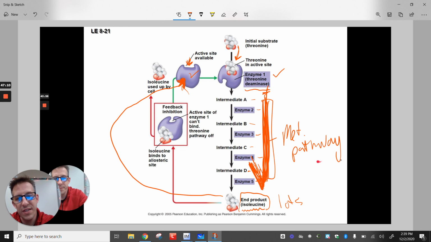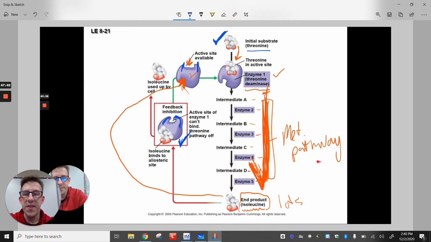That's what we see taking place in this picture, right next to the blue check mark: the isoleucine binds to this allosteric, non-competitive inhibitory site. When it does that, it takes these horns, which are normally up like this, receiving threonine, and closes them, which is what we see in this picture. It closes them off, so the active site can no longer bind threonine the way it normally would.